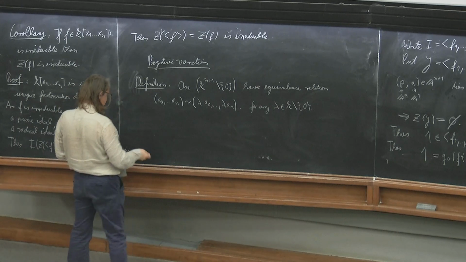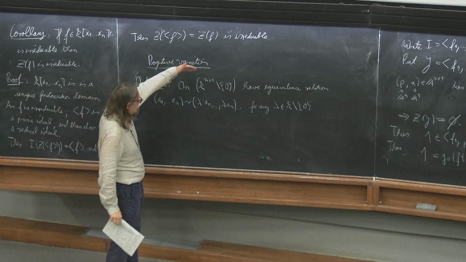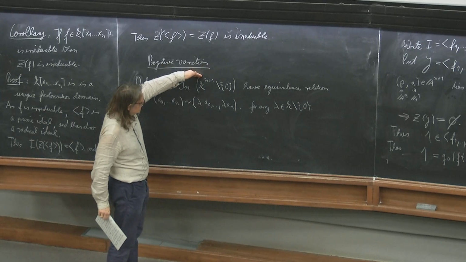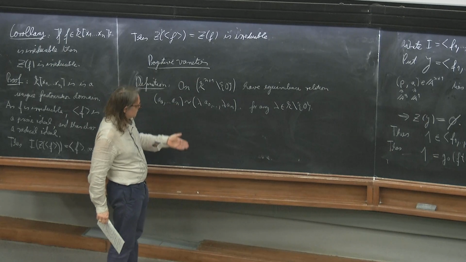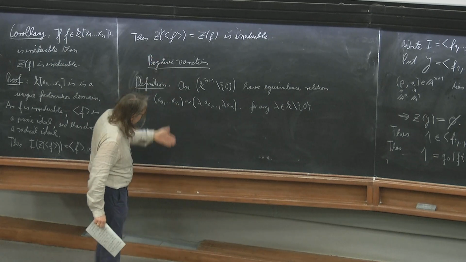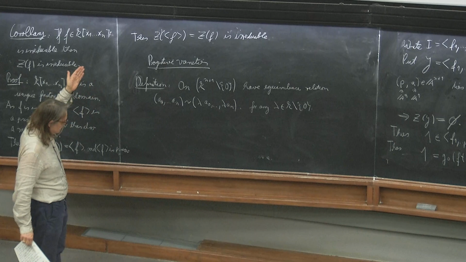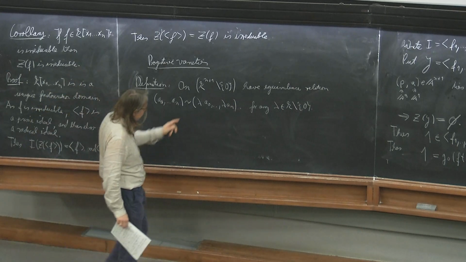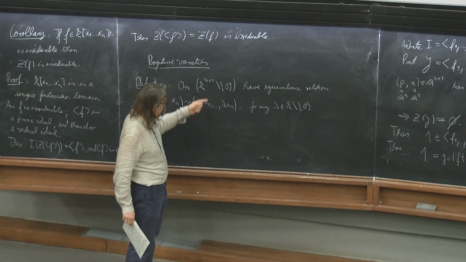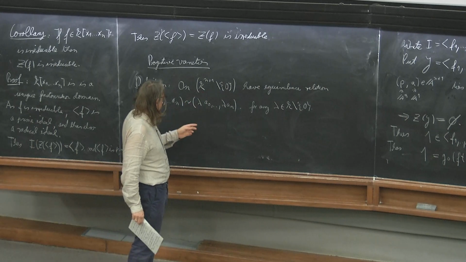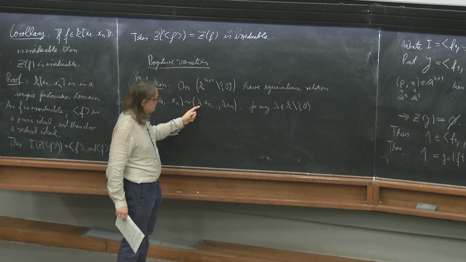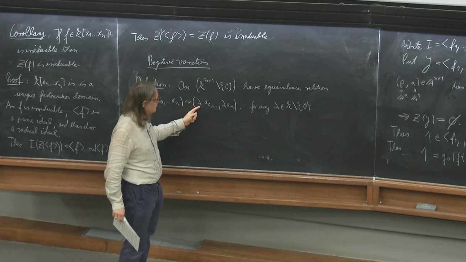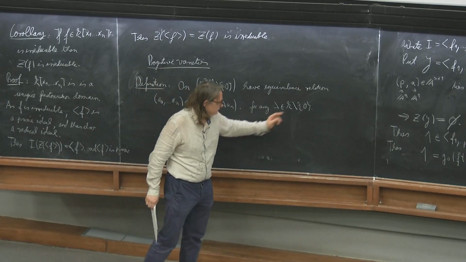You could also think of it: a point in K^(n+1) without 0 determines a line, a one-dimensional linear subspace through the origin, and they define the same one-dimensional linear subspace if and only if they only differ by multiplying by a non-zero constant.